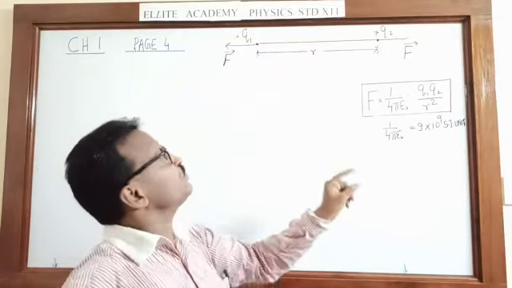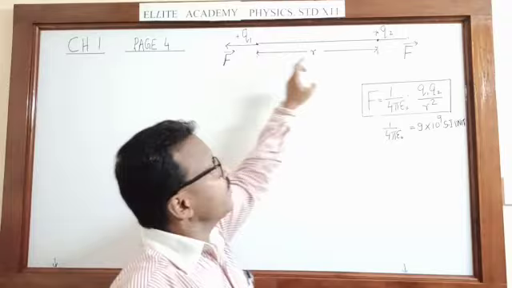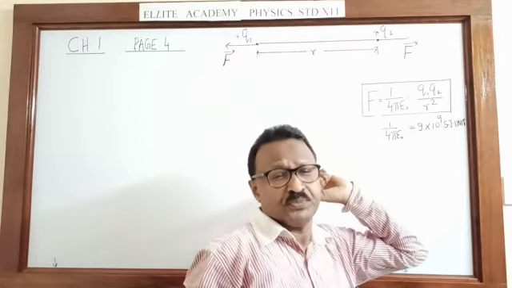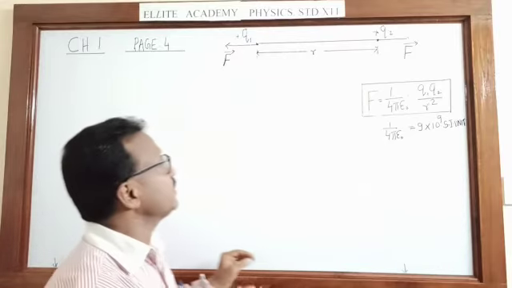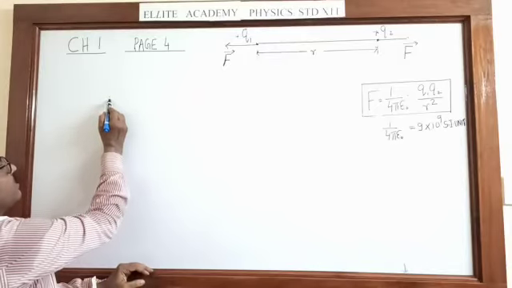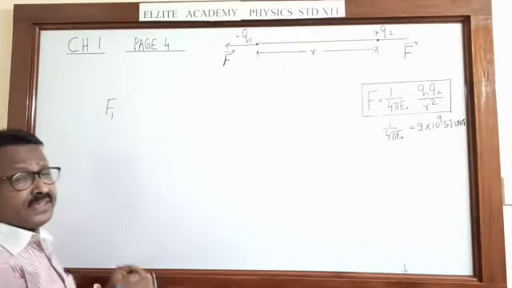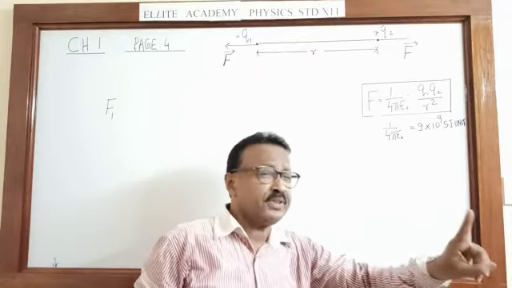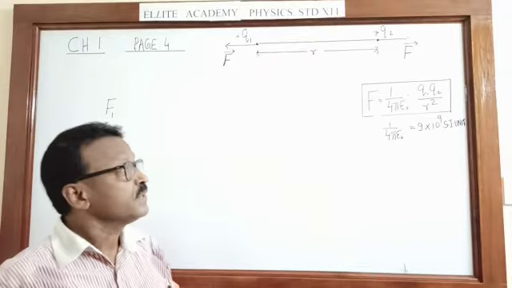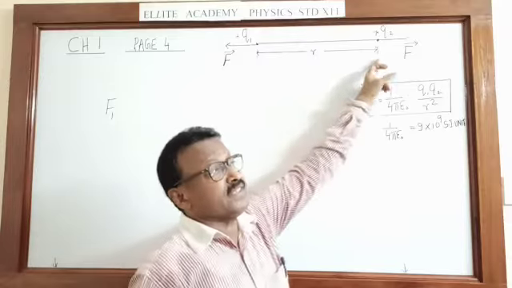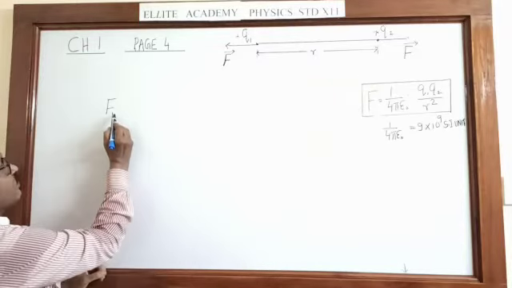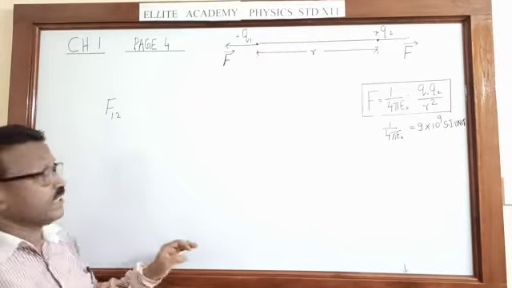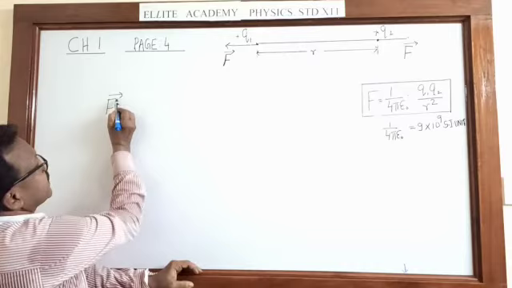But how to distinguish force acting on Q1 and force acting on Q2? We use a notation. The force acting on the first charge, I write it as F1. That is justified, right? The force acting on the first charge is F1. It is due to the presence of the second charge. So I say F12. Since it is a vector, I write vector F12.